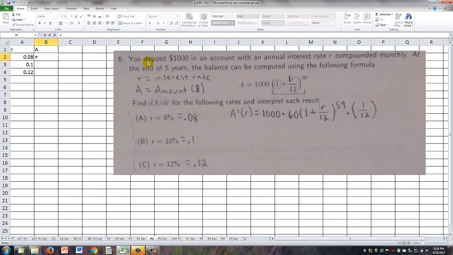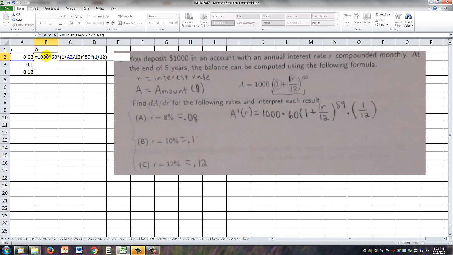And I want to find the derivative, which is the instantaneous rate of change, which I found right here. So that's 1,000 times 60 times (1 plus R divided by 12), caret 59, times the derivative of the inside, 1 over 12.